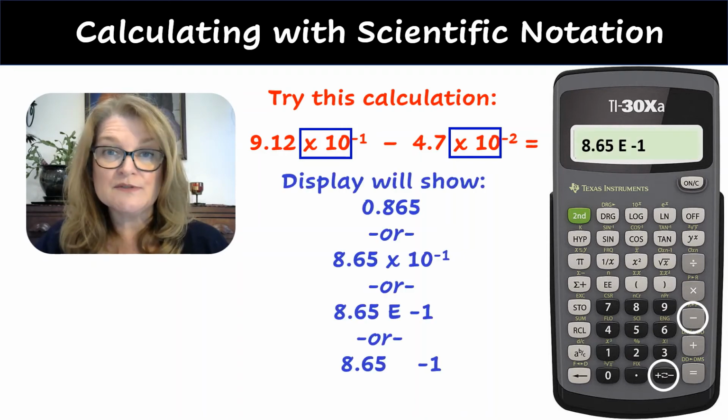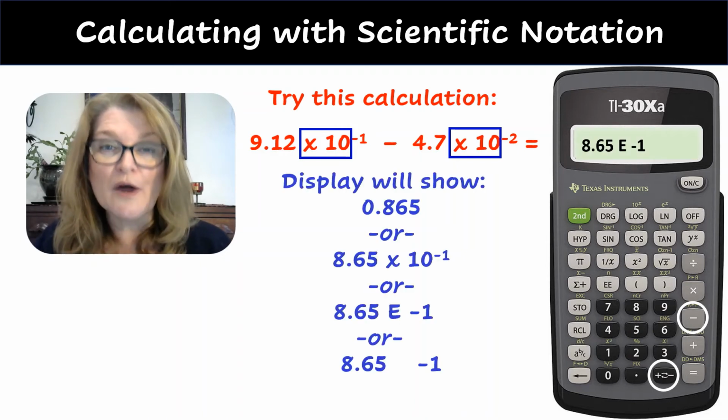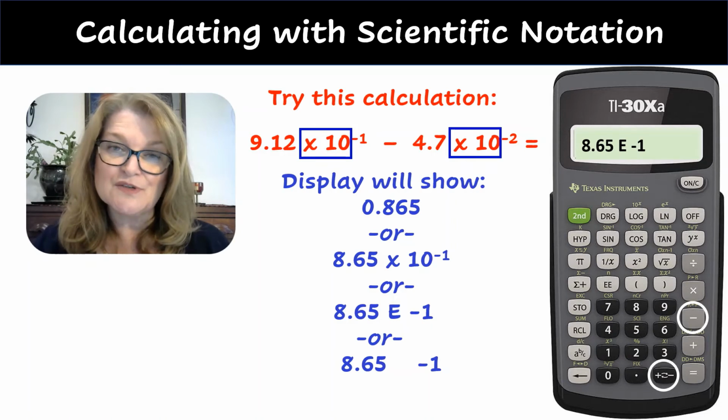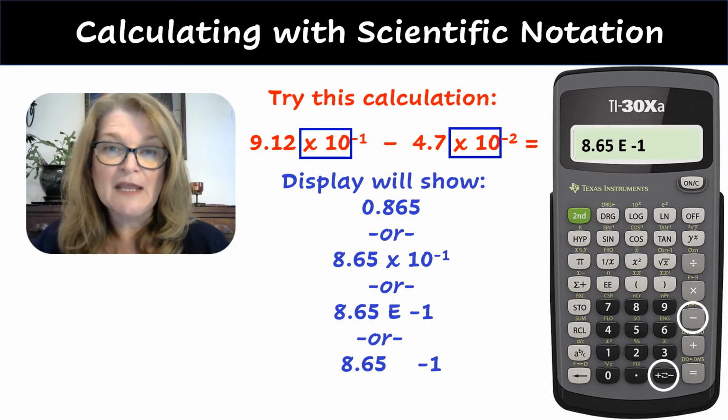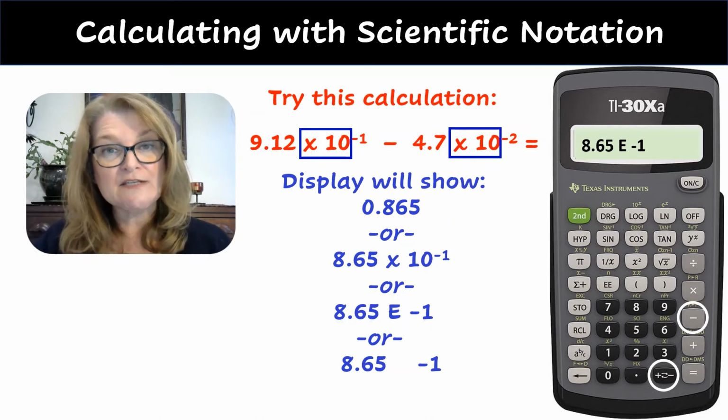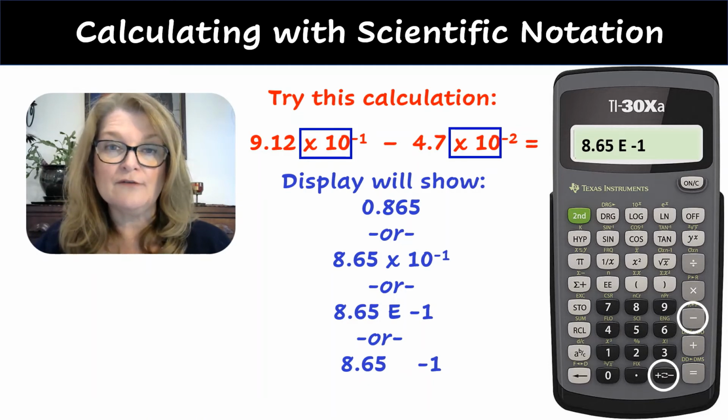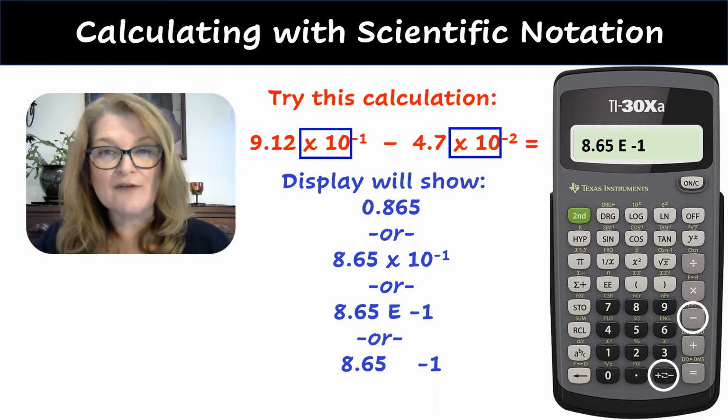Hit equals. Now, hopefully you see one of these possible answers being displayed on your calculator. It might have taken it out of scientific notation, and it might be showing as 0.865. Or it might be in scientific notation on your display, and it might read 8.65 times 10 to the negative 1.